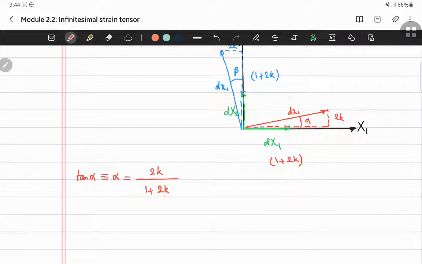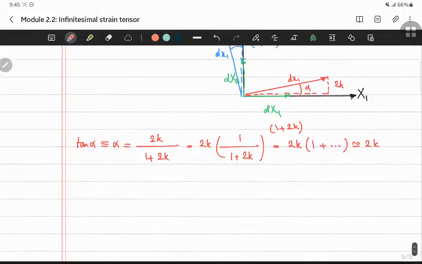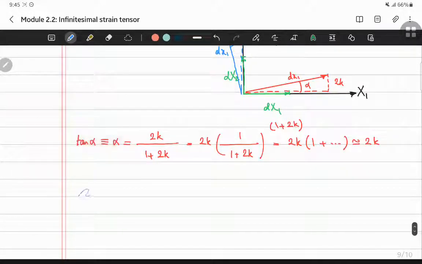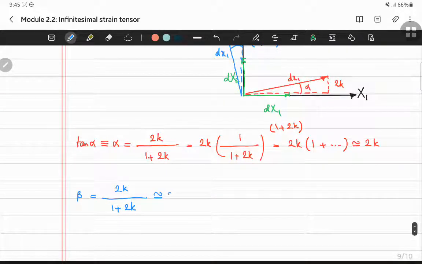And if you write the Taylor series expansion for this, you get something like 2k times 1 divided by 1 plus 2k. And then you get 2k times 1 plus some higher order terms, and then finally you get 2k. You can approximate this with 2k. And also, if you do the same for beta, you get 2k divided by 1 plus 2k, which is approximately equal to 2k.